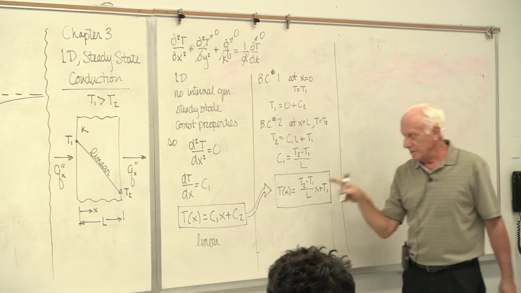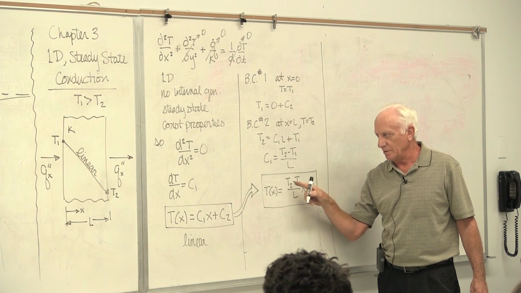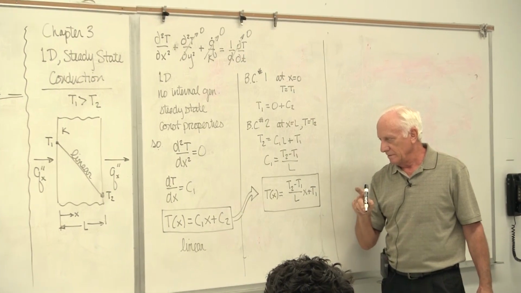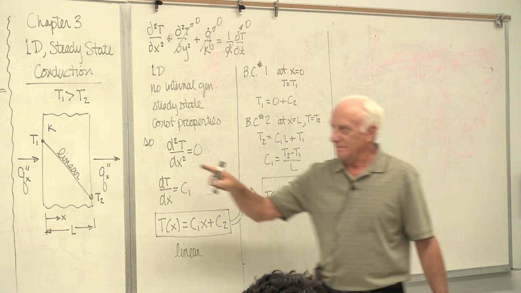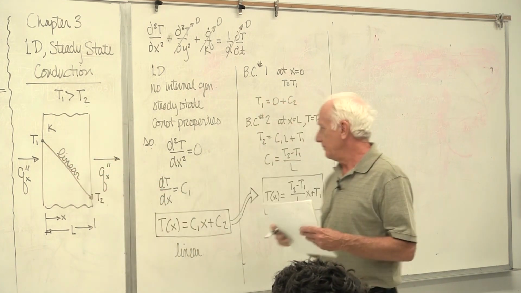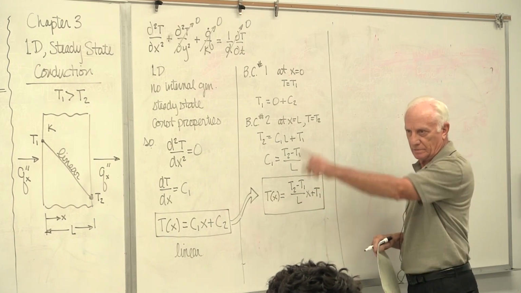I'll just tell you one thing first. That T2 minus T1, which is bigger? T1. Which is smaller? T2. That numerator is negative. What does that tell me about what's happening here? Well, yeah. Starts off high and goes down. Starts off high at T1. This term's negative. Goes down. Makes sense.